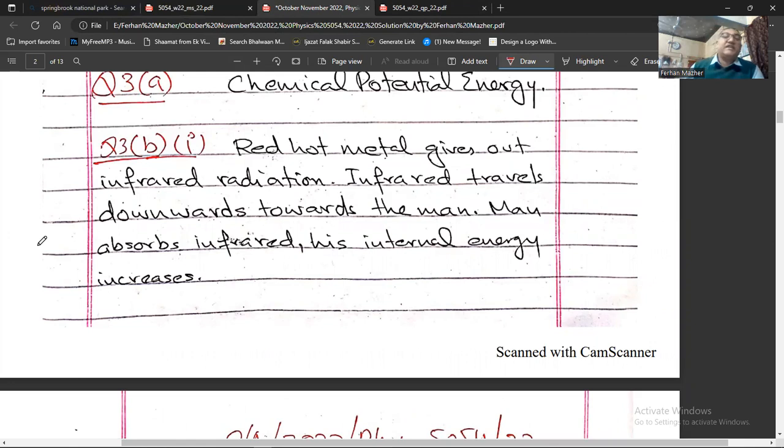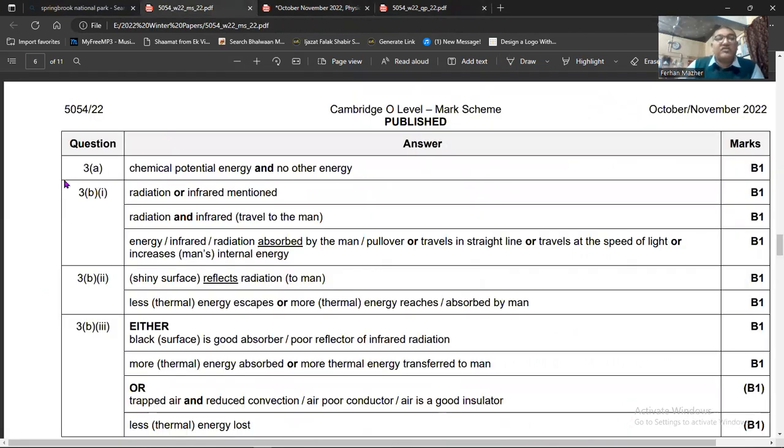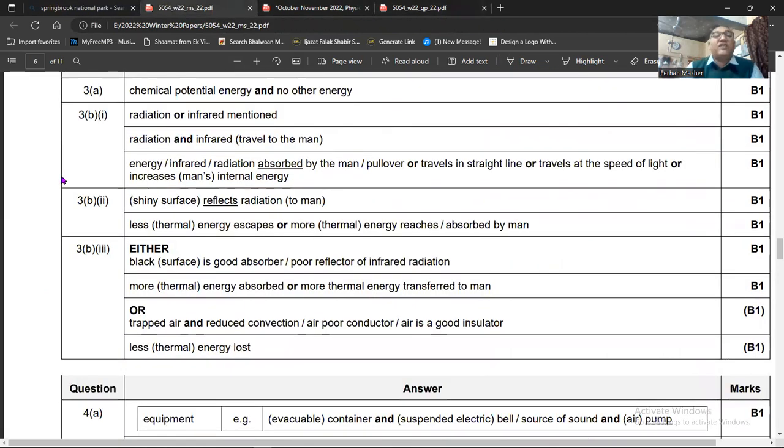His internal energy increases. This is my answer. Radiation or infrared radiation mentioned, or radiation and infrared travel to the man, energy infrared radiation absorbed by the man, pullover, or travels in straight lines, or travels at the speed of light, or increases the man's internal energy.